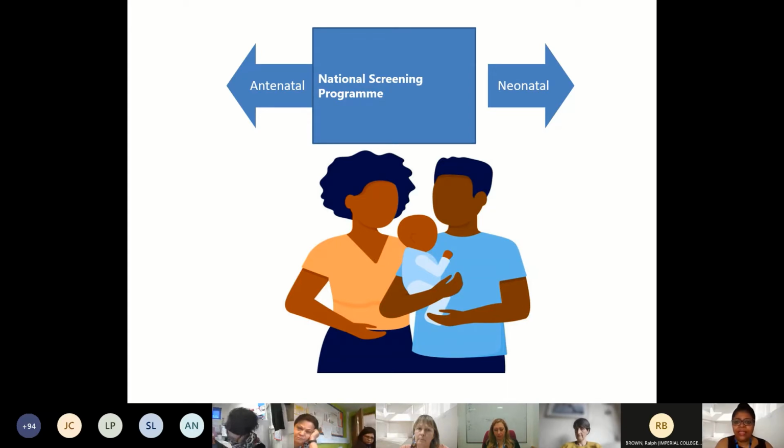If we find that the lady is a carrier of the sickle cell gene or any other variants, we will invite the biological father of the baby in and also test him, and then we can see whether the child may be at risk, as I've just discussed in the previous slide.